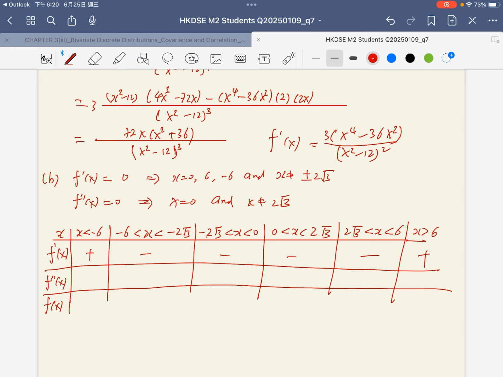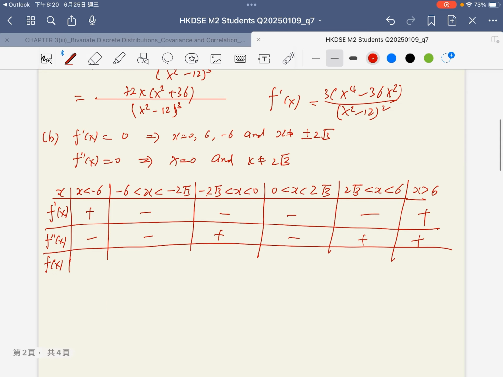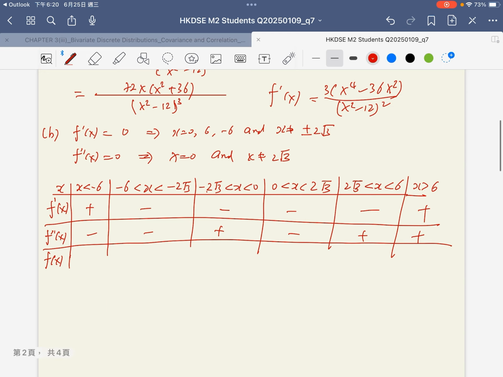You can do it easily, and if you have time, you can do it yourself. For the second derivative, it only changes sign at 0 and also at positive and negative 2 root 3. I finally got the sign changes here.